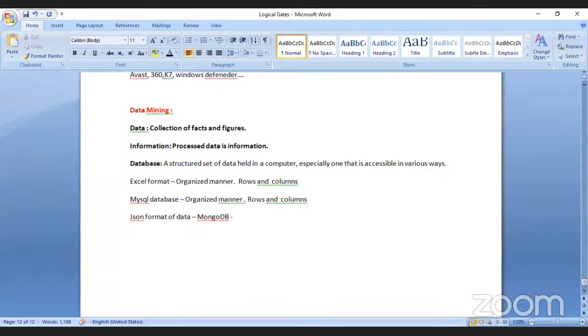For example, here in MongoDB, you will see some examples. I'll tell you the meaning of JSON.